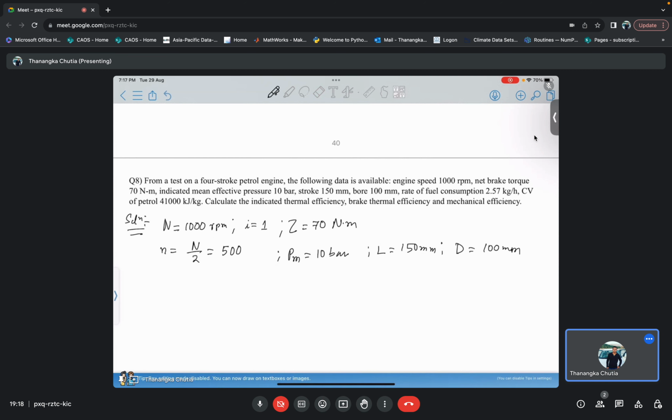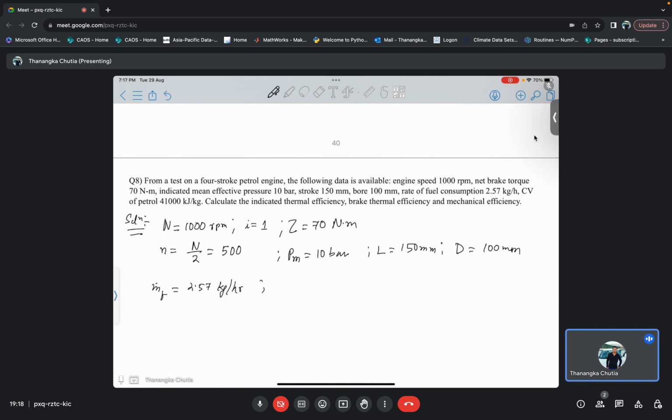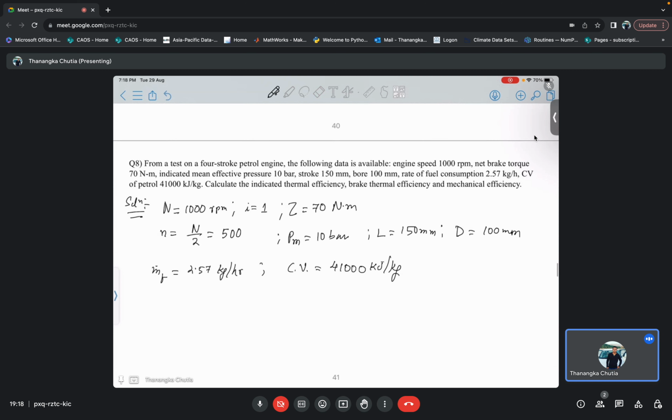Rate of fuel consumption, that is m dot f, is given as 2.57 kg per hour, and calorific value of the fuel is given as 41,000 kilojoule per kg.